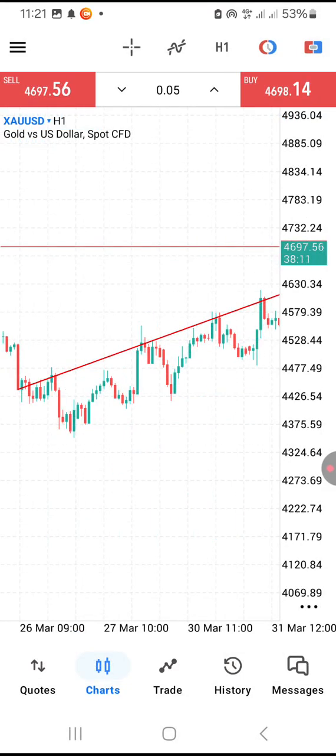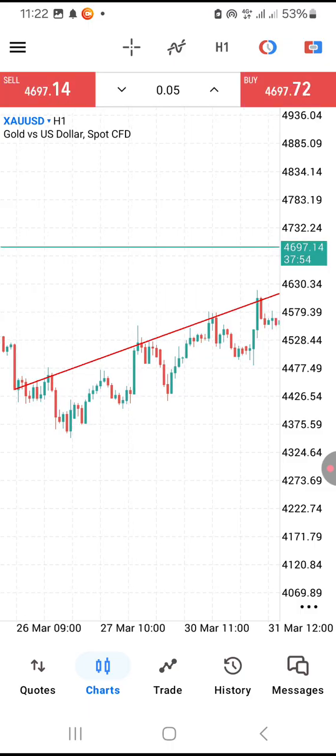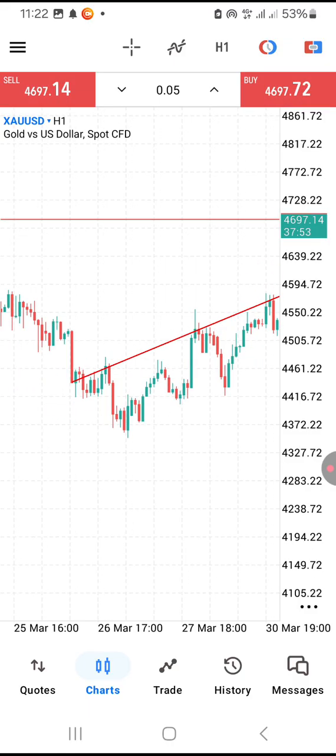The opposite of higher highs is lower highs. The opposite of higher low is lower low. So when price keeps breaking the previous support and going down, making further lows, it means it's a downtrend. So that's just simple.